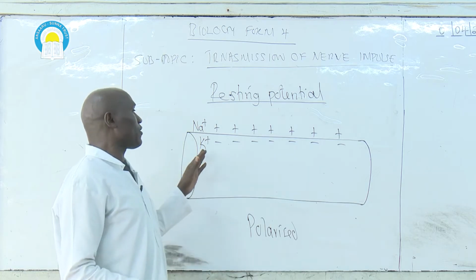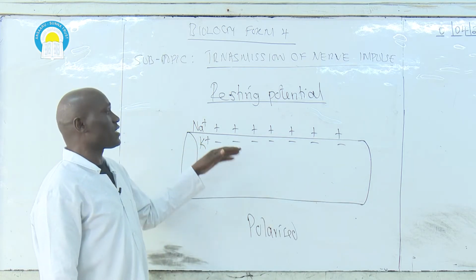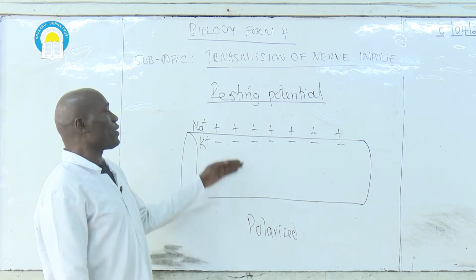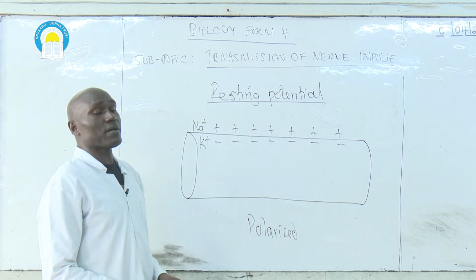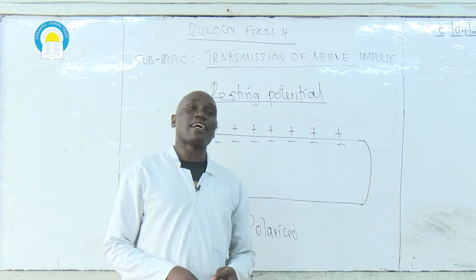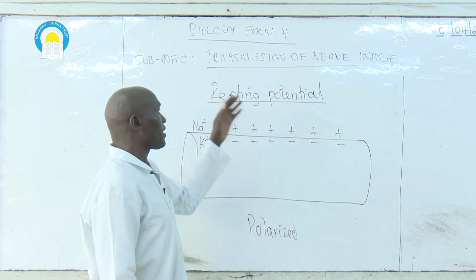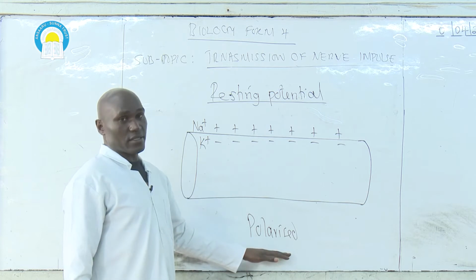Since the potassium ions are few and the negatively charged ions are numerous, we say the inner part is negatively charged while the outer part is positively charged. In that condition, we say a neuron at resting potential is polarized.